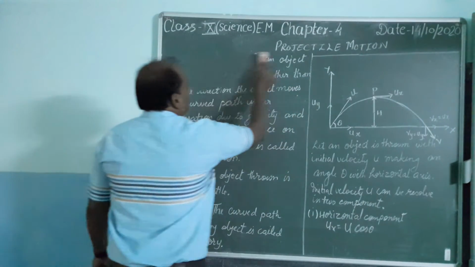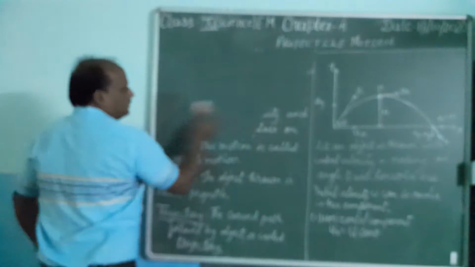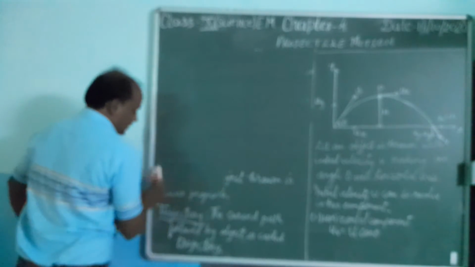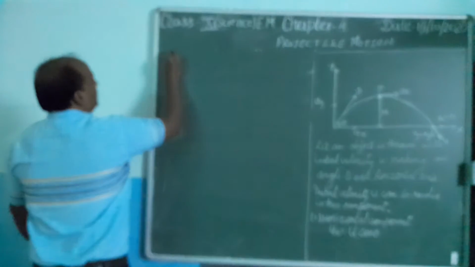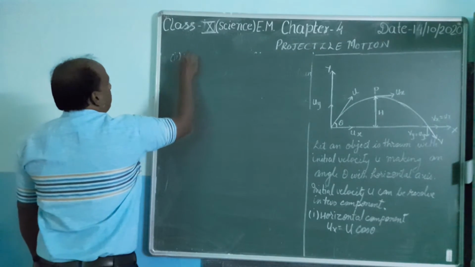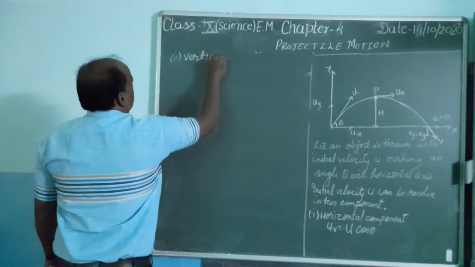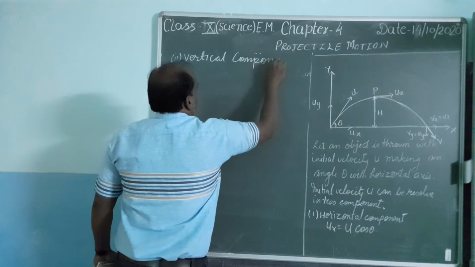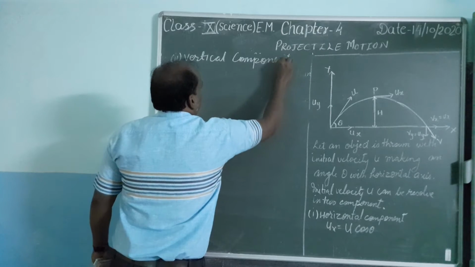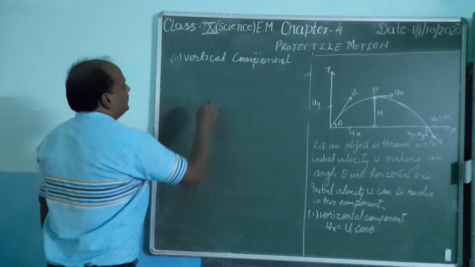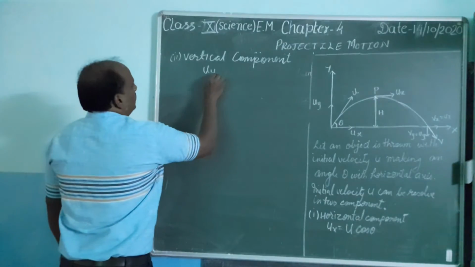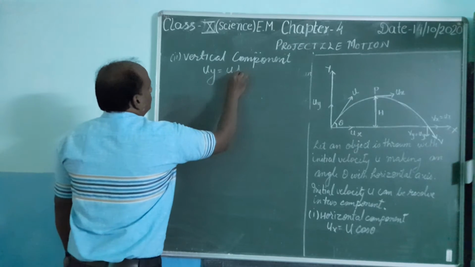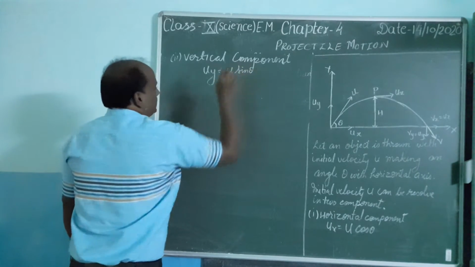Next is the vertical component, uy, which equals u sin theta.